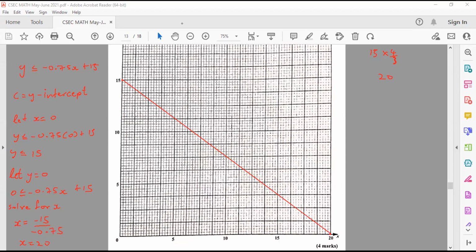This is the line y less than or equal to negative 0.75x plus 15.